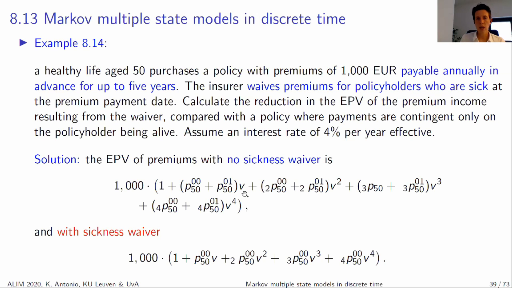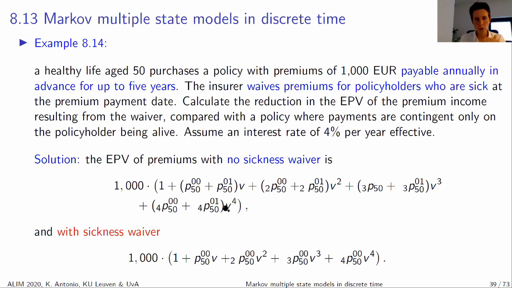Then if you look at what's going to happen at time 1, so in the product without the sickness waiver, you need to pay this premium if you are in state 0 or if you're in state 1. So the probability that you will have to pay this premium is the sum of these two one-year transition probabilities. Same here, and the probability that you will have to pay the premium at time 2 is the sum of these two transition probabilities, and so on and so forth.